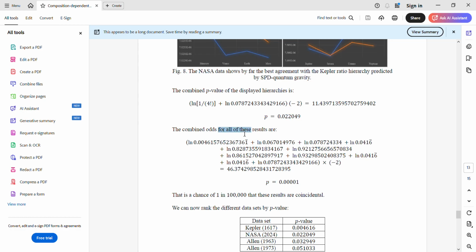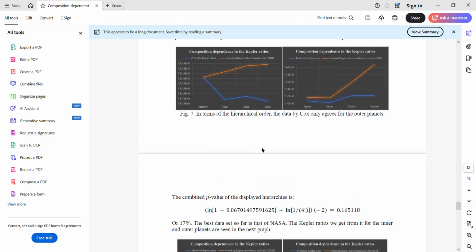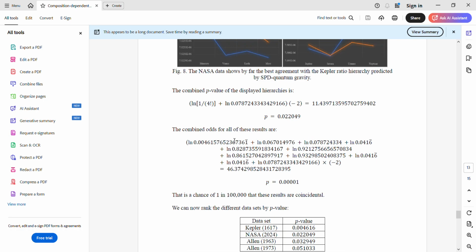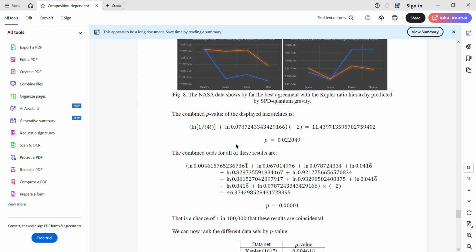So if you add everything up, you need to be quite clever about how you calculate these odds. When you have a case like this where the hierarchy is basically the opposite of what you predict, you calculate the p-value of the inverse hierarchy, and then you subtract that from 1, and that's your actual probability, and it's more than 0.5.